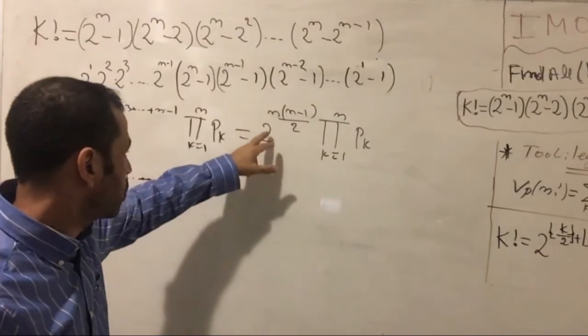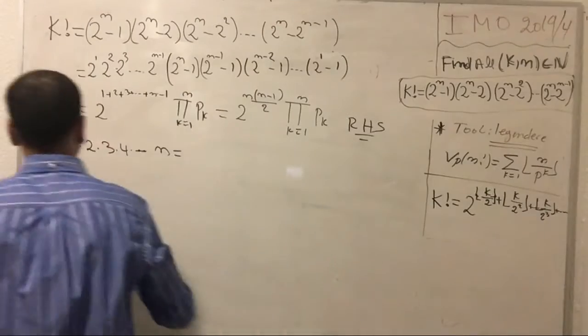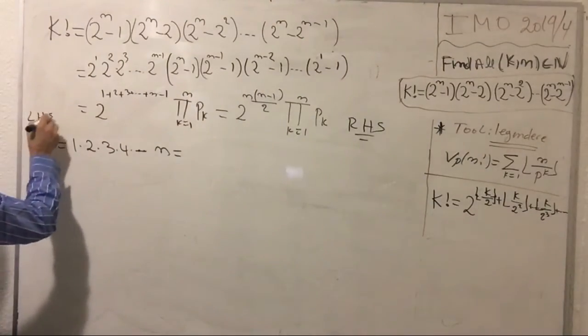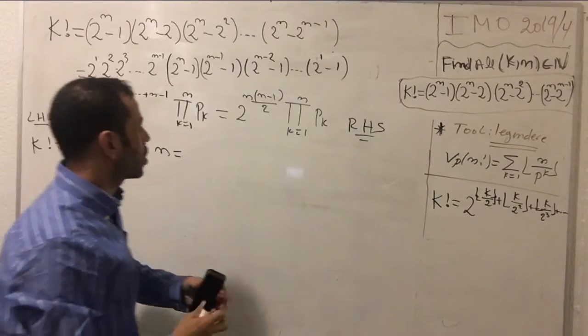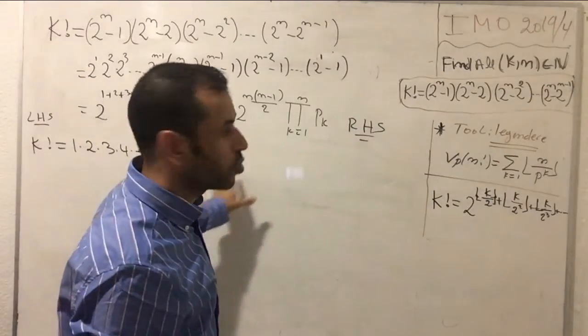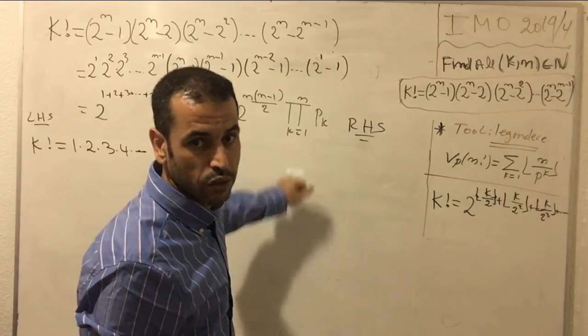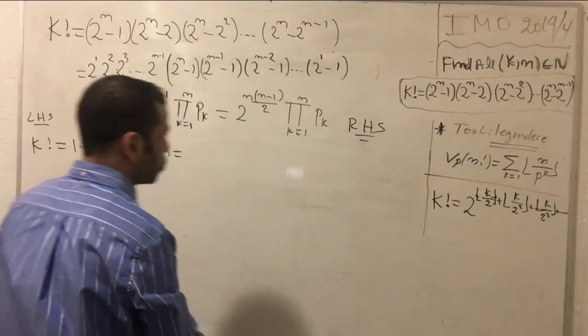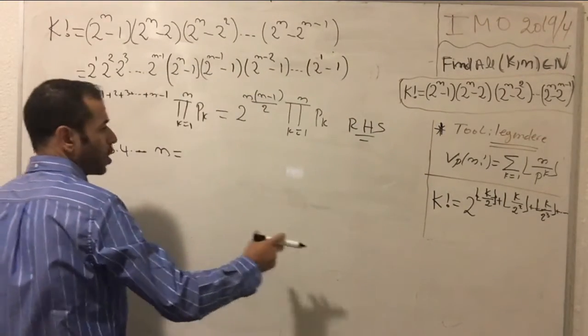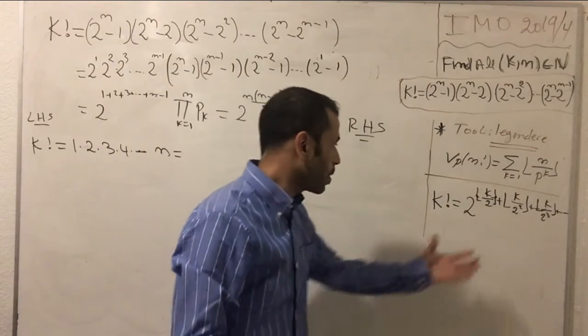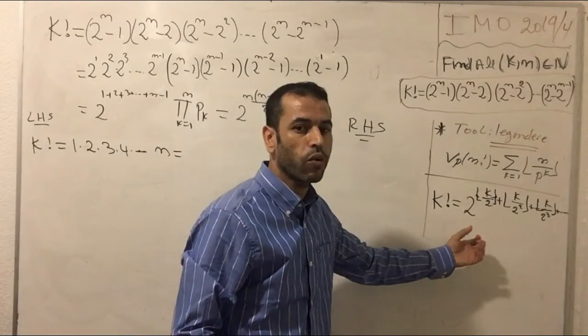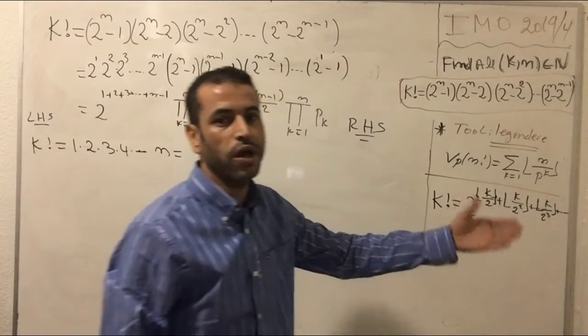As you see here, this is the right hand side and this is the left hand side. The right hand side has to be written in the same form in order to solve this equation. So I'm going to apply the Legendre theorem by extracting the multiples of these numbers, 2, 4, 8, and so on.